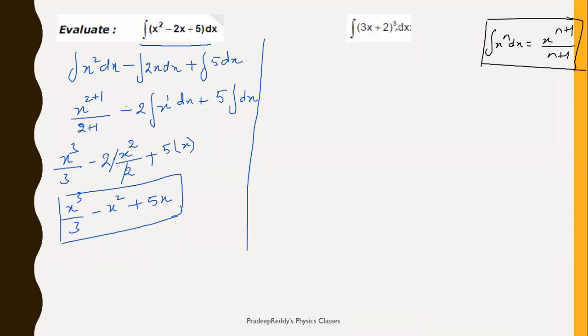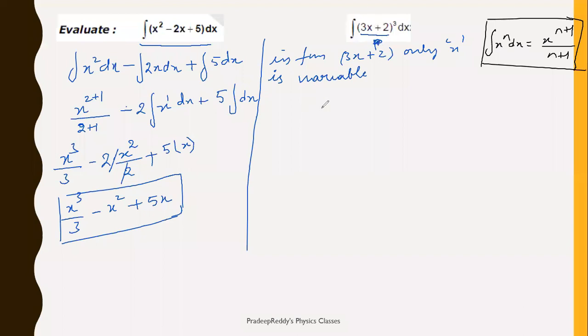Now when you are dealing with this, in the function 3x plus 2, only x is variable, and the other term, 2, you can treat as a constant. So you can consider this total as one single term, say p.